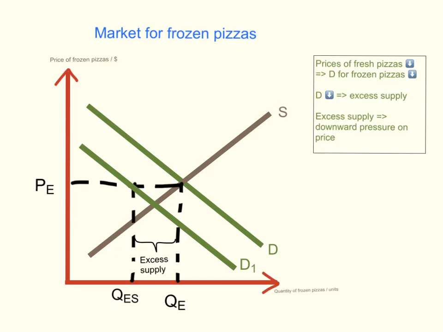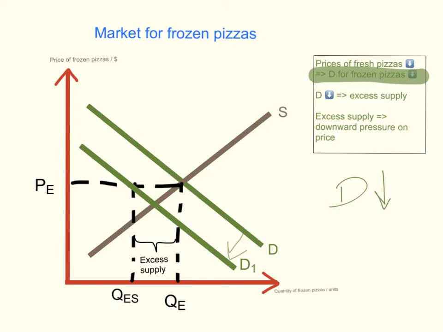Let's look at a situation where there is a decrease in demand. Assume the prices of fresh pizzas have fallen. So now fresh pizzas are cheaper. This will cause a lot of people to switch from frozen pizzas to fresh pizzas. So naturally, the demand for frozen pizzas will decrease. The demand curve will shift to the left from D to D1.